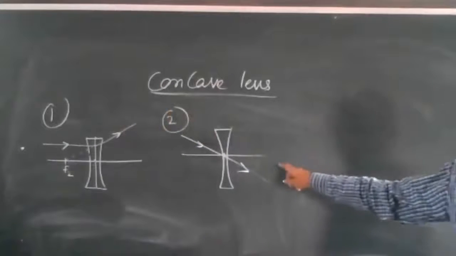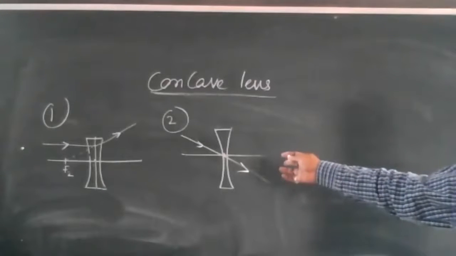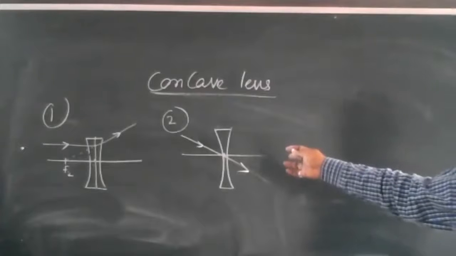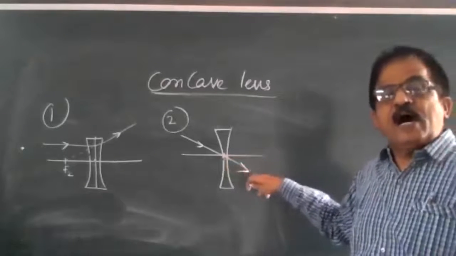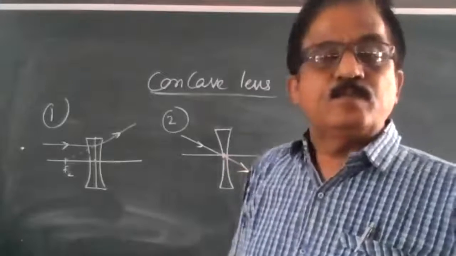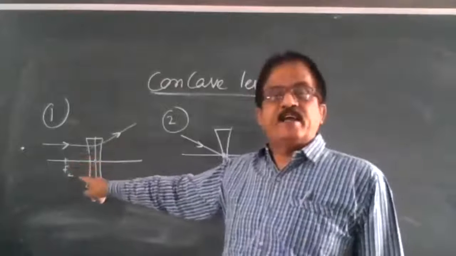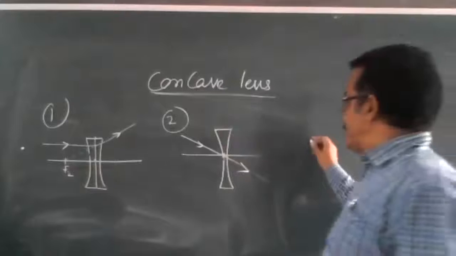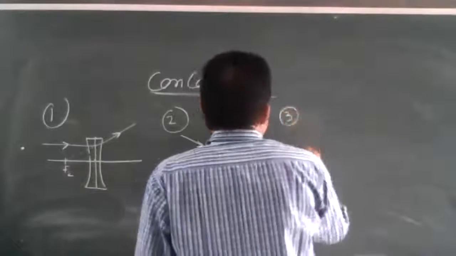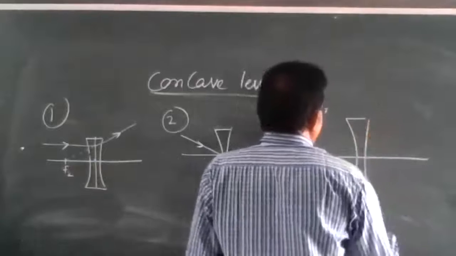A ray passing through the optical center of a concave lens passes straight after refraction. पहले रे तो ऐसा लगता है कि फोकस से आ रही है, ऑप्टिकल सेंटर से पास होगी तो passes straight after refraction. And in the third figure, say this is our concave lens.